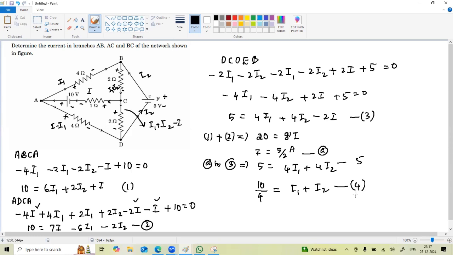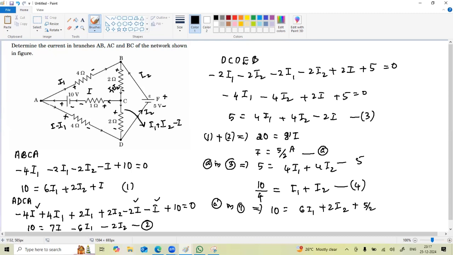So now you have one more equation. You need one more equation to solve I1 and I2. That you can get by applying I in equation 1 or 2. Now substituting I in equation 1. So 10 is equal to 6I1 plus 2I2 plus I, which is 5 by 2.